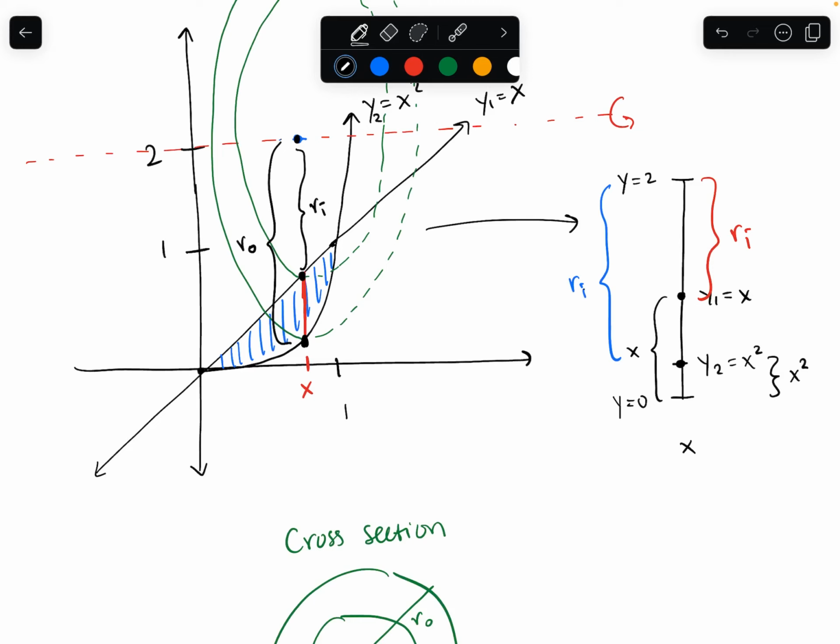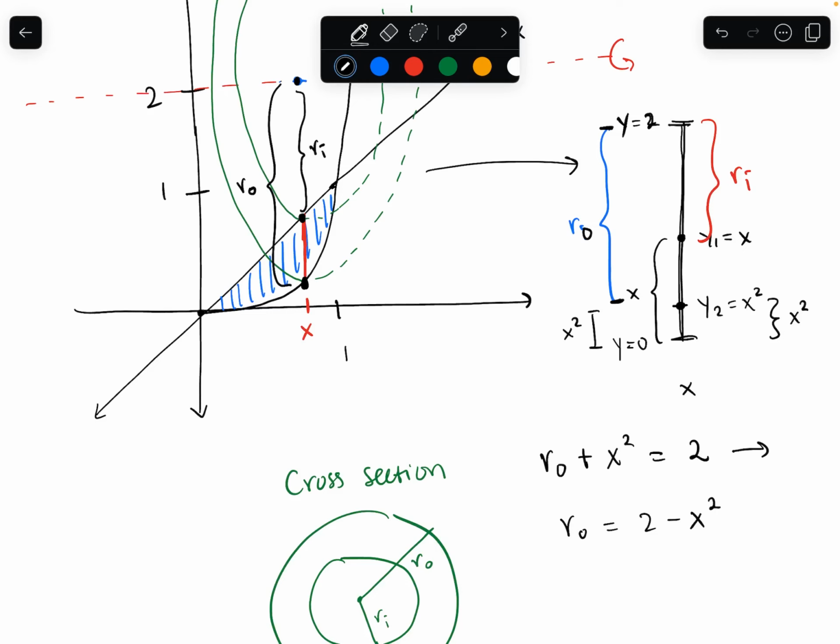If I want the outer radius, I read off what this is saying: that is the distance x squared, and then the blue is the outer radius, which I'm trying to solve for, and both of those pieces should add up to 2, because that's the whole height of this thing. So outer radius plus x squared equals 2. In other words, the outer radius is 2 minus x squared.